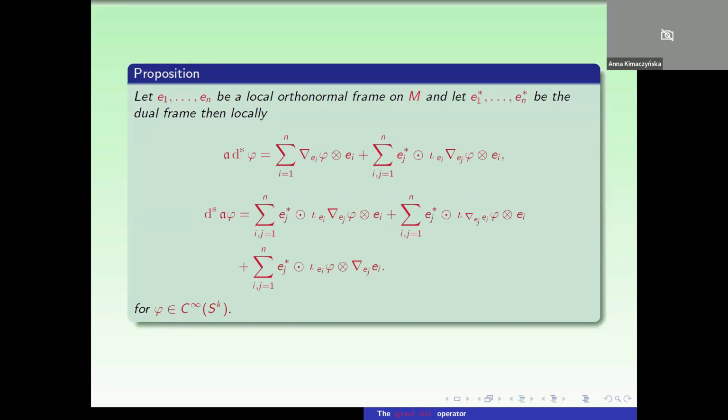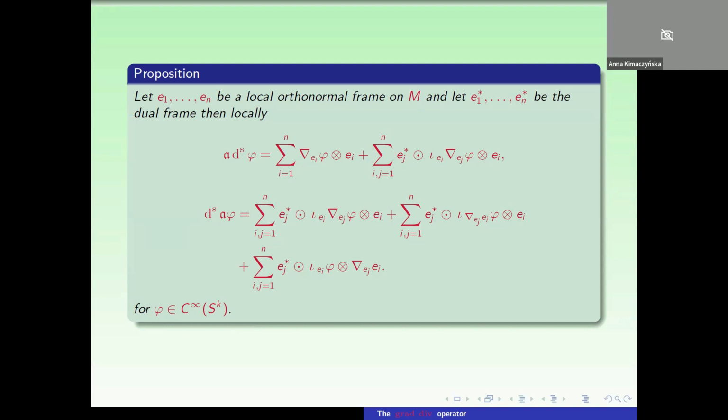Let E1 to En be a local orthonormal frame on M, and let E1 star to En star be the dual frame. Then locally A ds phi is the sum from 1 to n of nabla e_i phi times e_i plus the sum from 1 to n of e_j star times phi i_{e_i} nabla e_j phi times e_i.